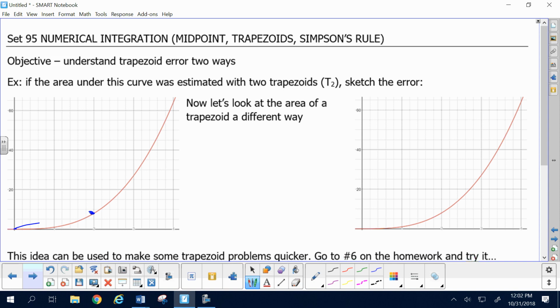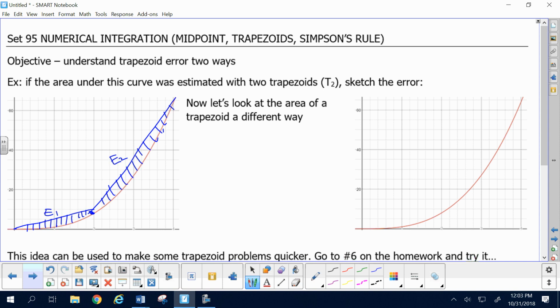Here is one trapezoid, and there is another. Now, because the areas under those trapezoids are not the same as the curve, I would have error. I'll call this error 1, and that's error 2, because the curve is concave. So far, so good.